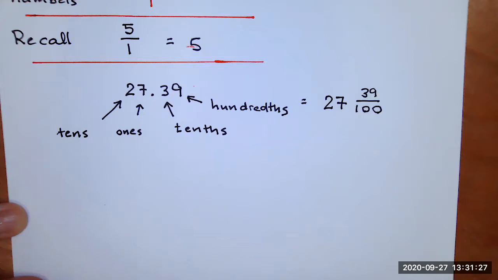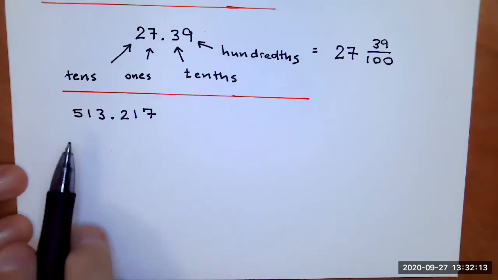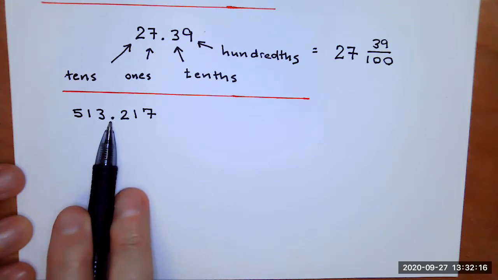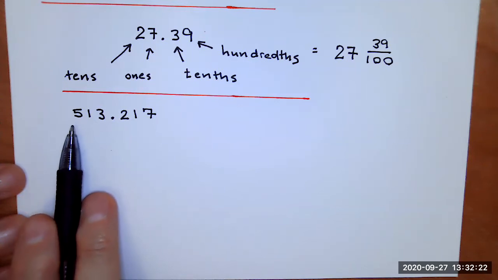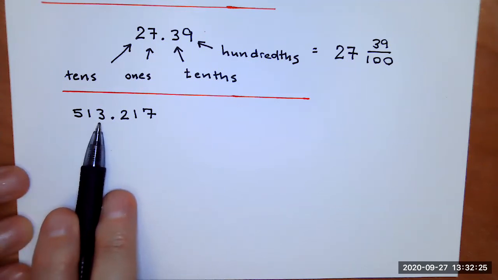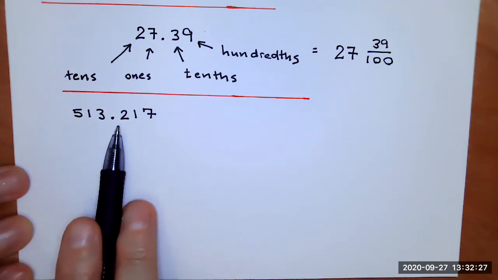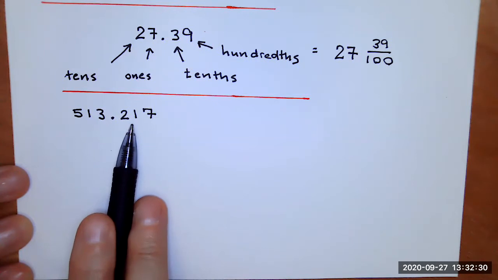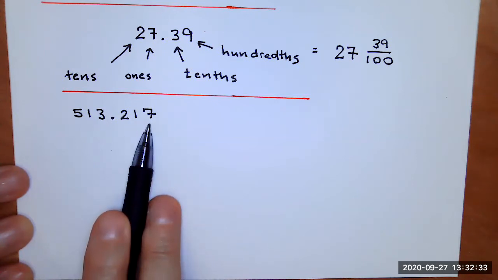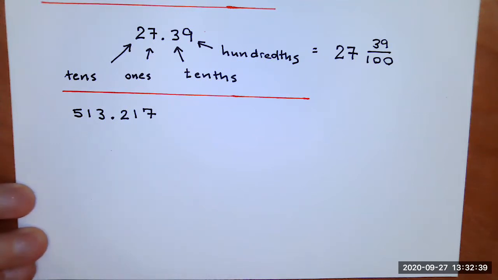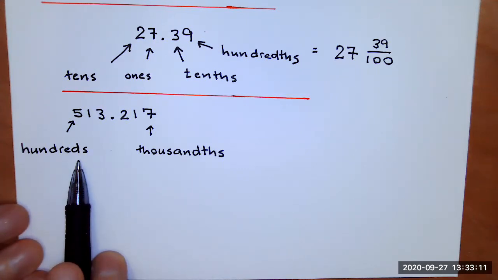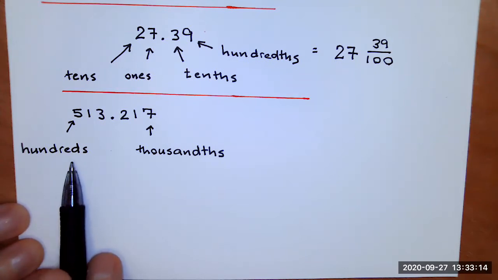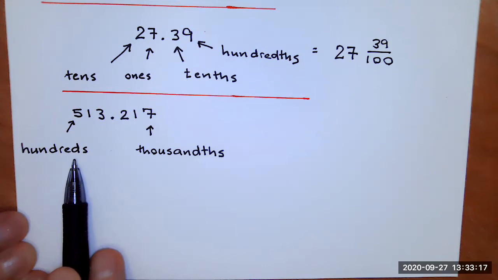Let's look at another example. So there's your decimal point. The numbers to the left of the decimal point are whole numbers. So this is simply 513. And then here we start with the tenths place, hundredths place, and then the 7 is in the thousandths place. Let me write those places for you. So this is the hundreds place, and you might want to notice the difference in spelling. 100 is a whole number.